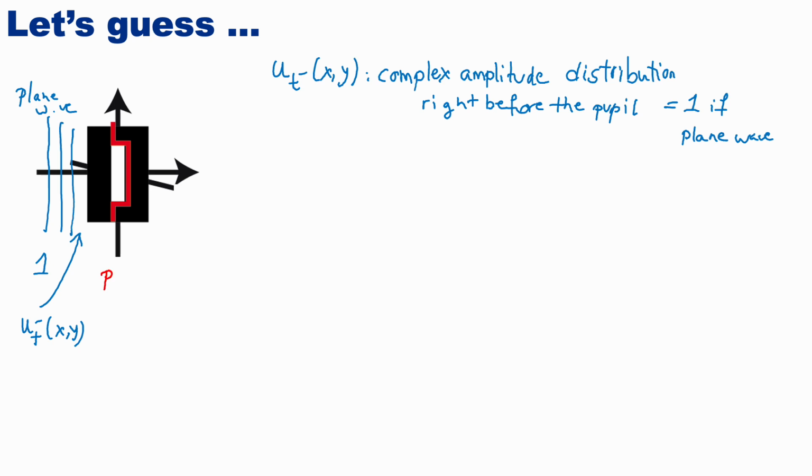And then we have our pupil. So we're gonna define here a pupil with a transmittance T of x.